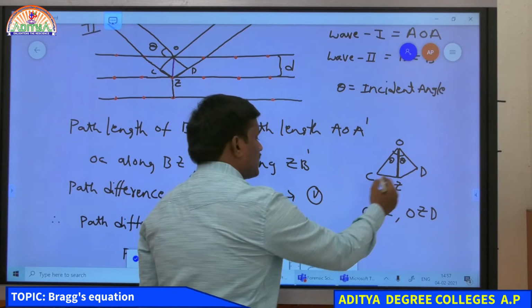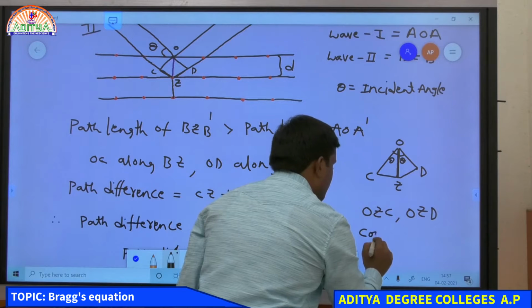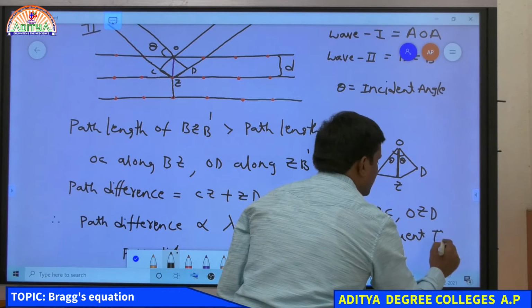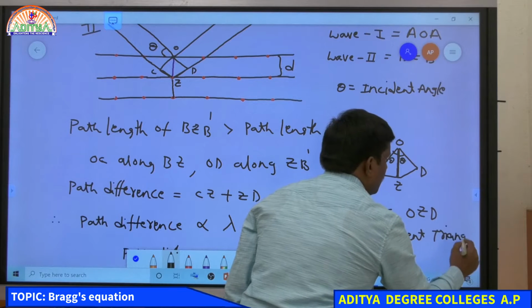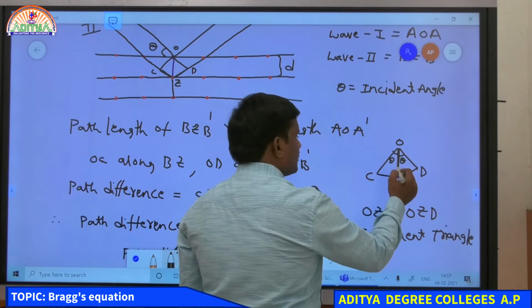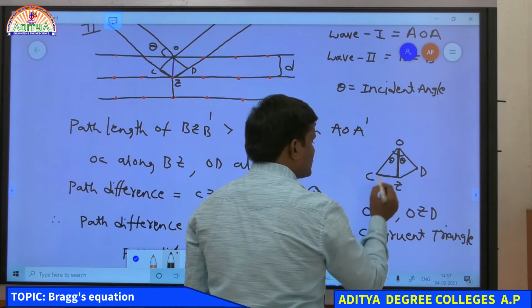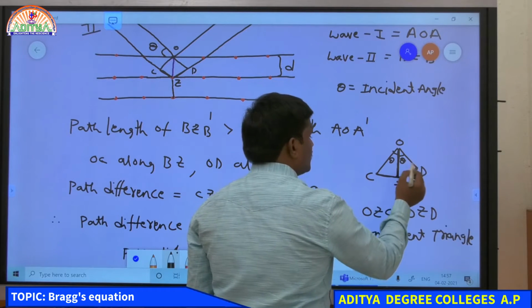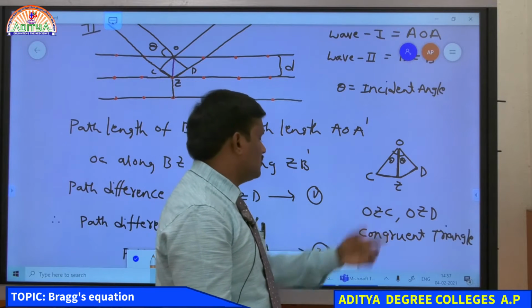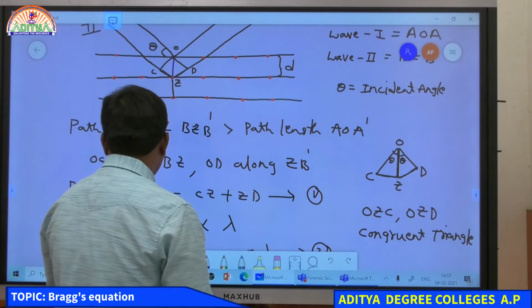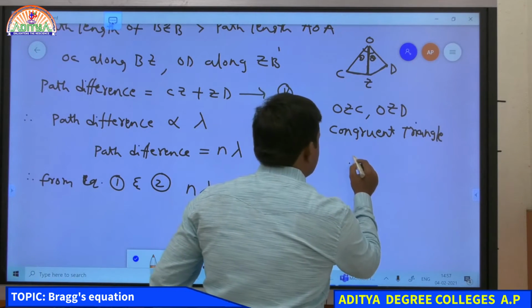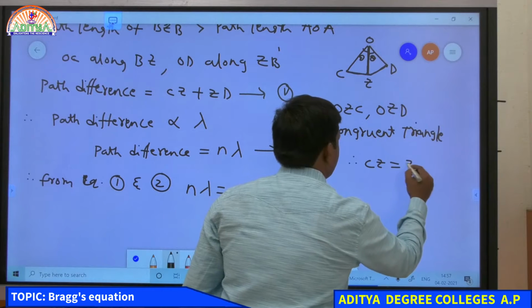Therefore these two triangles are congruent triangles, so all corresponding lengths are equal. That is why CZ is always equal to ZD.